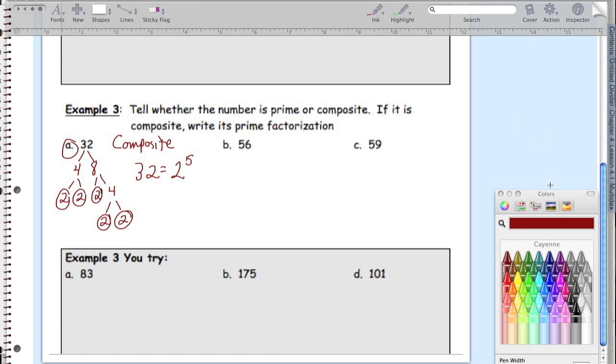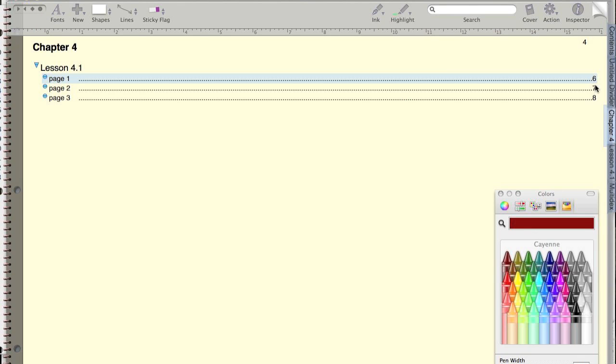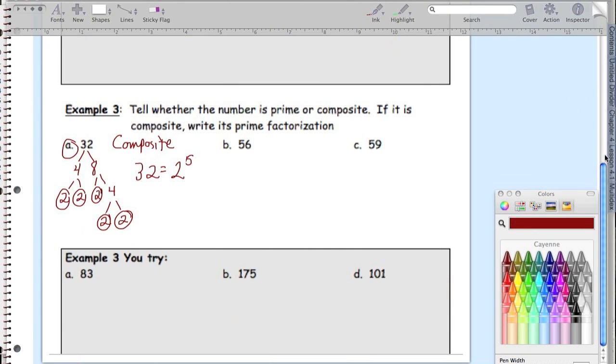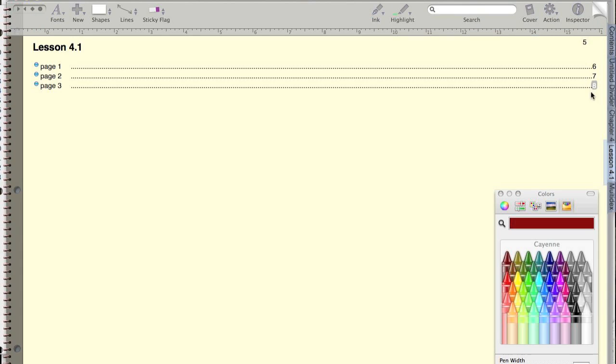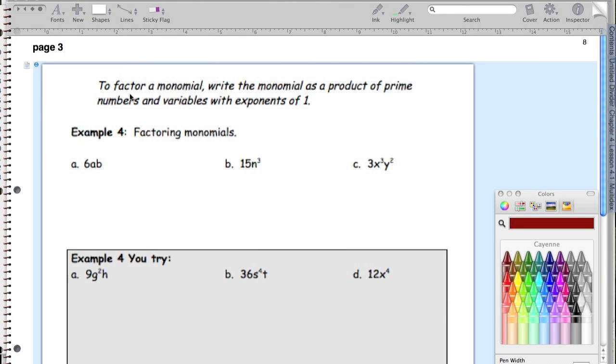Okay, let's take a look at the last page, and this talks about the monomials. There we go. Monomials. So to factor a monomial, write the monomial as a product of prime numbers and variables with exponents of 1. A monomial is a number, a letter, or a combination of numbers and letters.